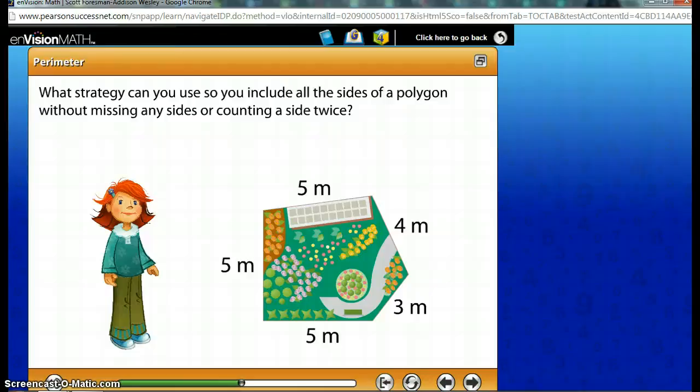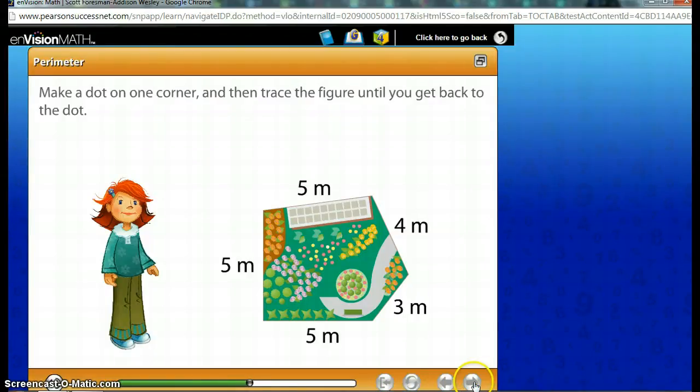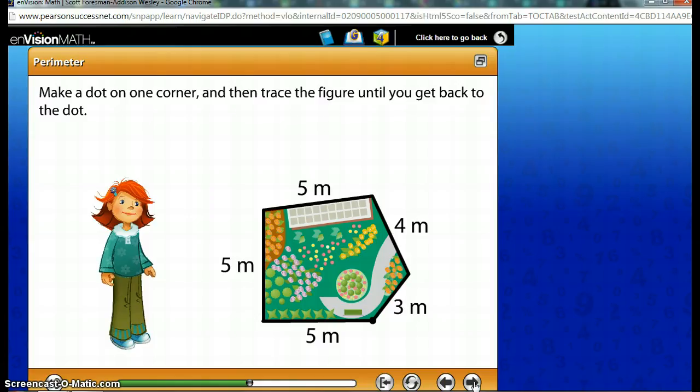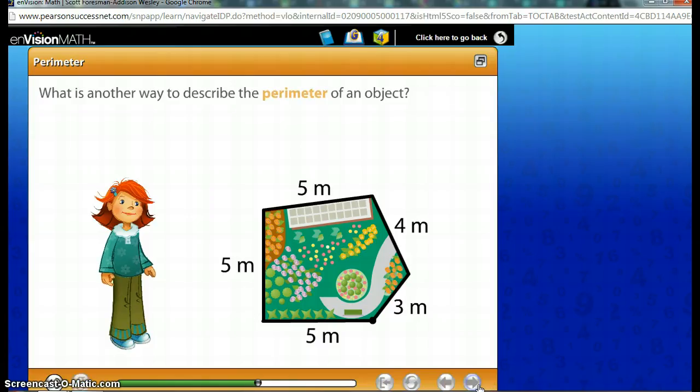Maybe make a number sentence of some kind and cross them out as you put them into your number sentence. That way you're not double counting anything. Let's see what they say here. Make a dot on one corner and then trace the figure until you get back to the dot. Not what I was thinking, but alright.